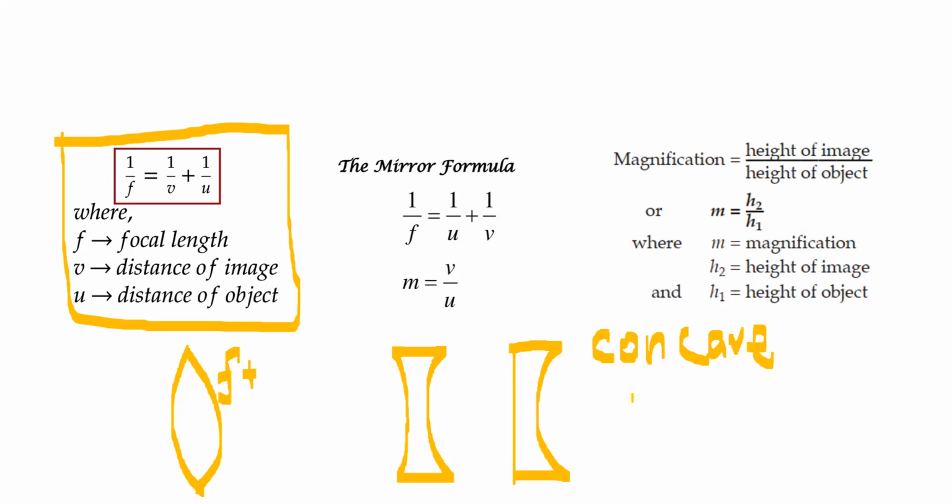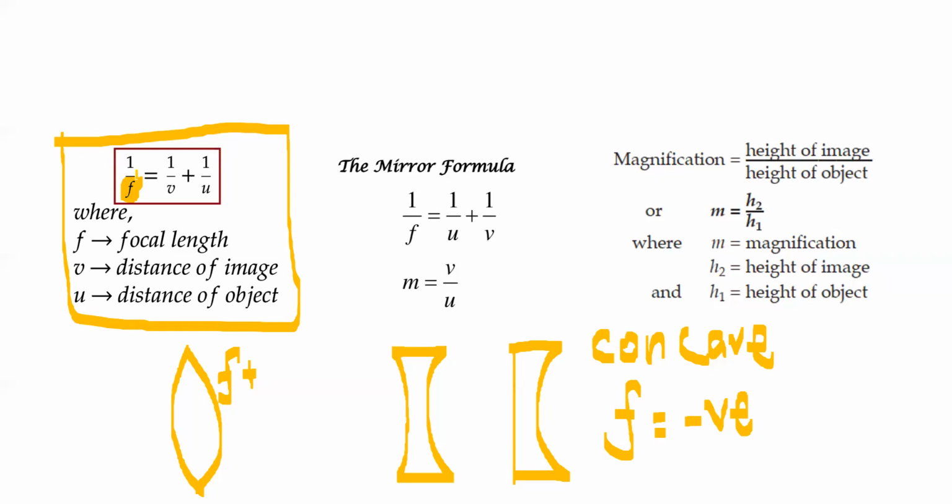So in a concave lens, the focus value is given as a negative value, but in a convex lens, the focus is positive. That means when you replace the F inside the formula, you must put a negative value for a concave lens. If you forget, then you'll be wrong. For convex, you must put a positive value here.